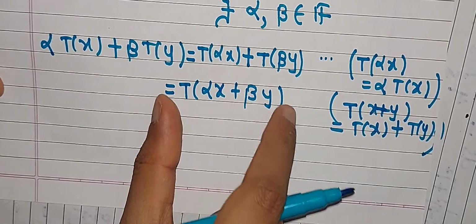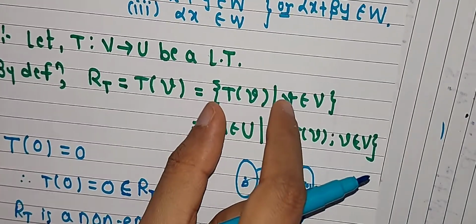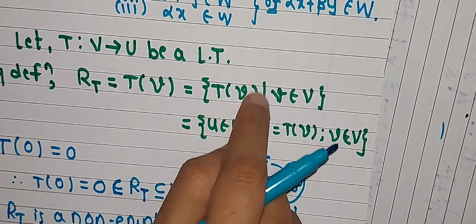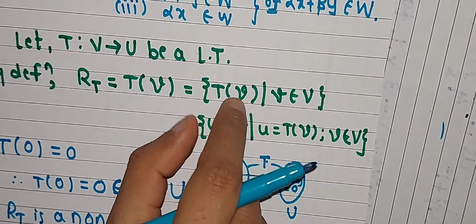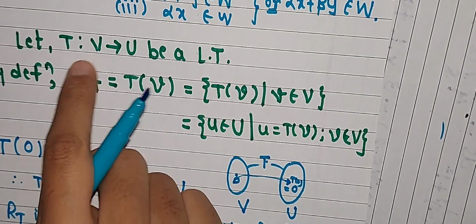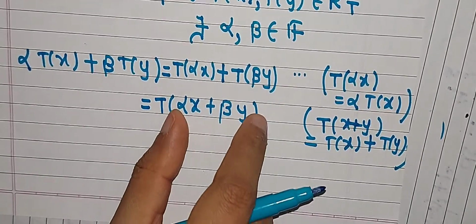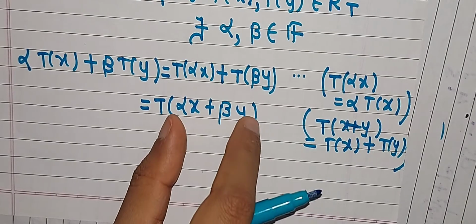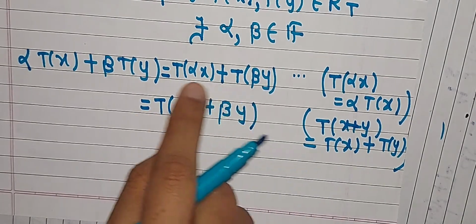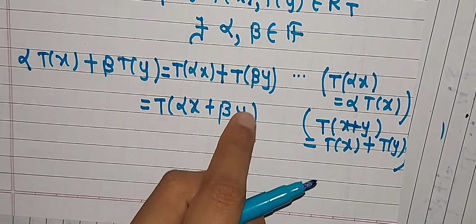Now compare this element to our given definition. If T of v occurs, then this T of v must belong to our range of T, that is our given set. Similarly, in place of T of v, we now have T of alpha x plus beta y, and this satisfies our given definition.